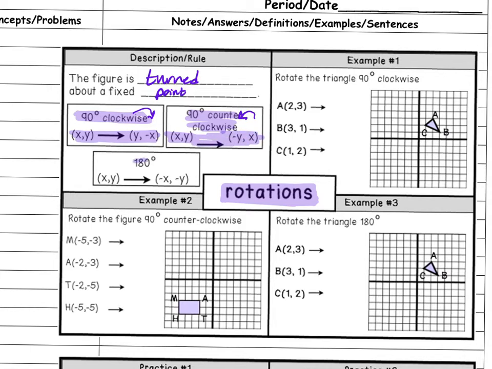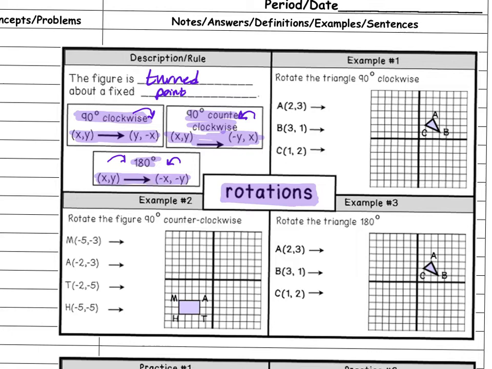And if I'm turning 180 degrees, it does not matter if I'm turning this way or this way, because it's 360 degrees put together. So I'm just turning 180 degrees, and here becomes my rule: (x, y) becomes (-x, -y). Okay? So I would have those rules written down in a nice little format. Maybe I'd have my translation rules written down, my reflection rules written down, and now my rotation rules written down, just to help.